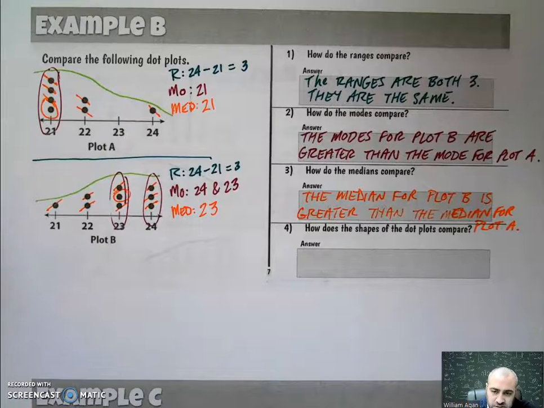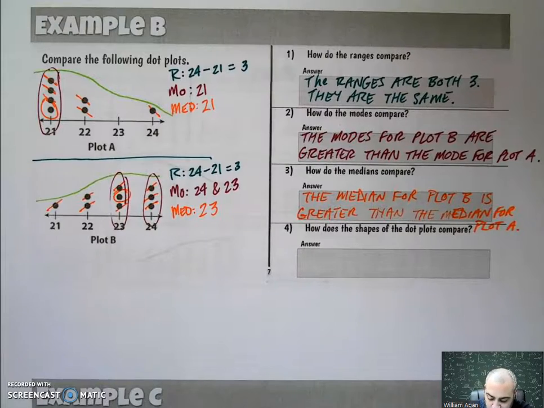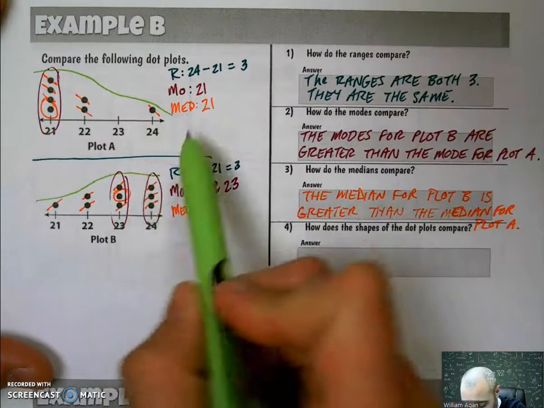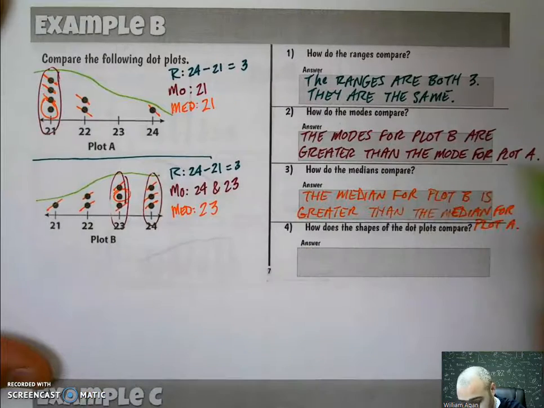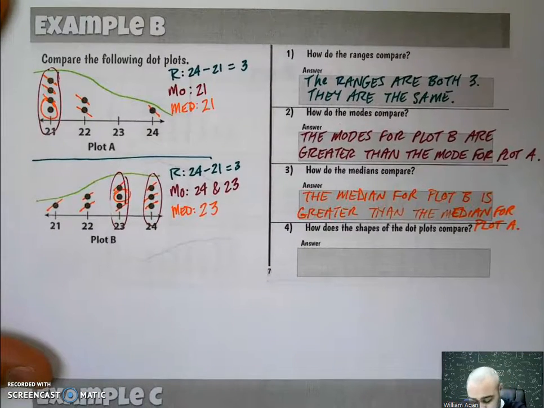But are they skewed? I would say yeah, because remember, if it's skewed, that means it has a tail on one end or the other. A tail is where it gets really, really low and close to the line. So plot A has a tail on the right side. If it has a tail on the right side, that is the direction it is skewed.